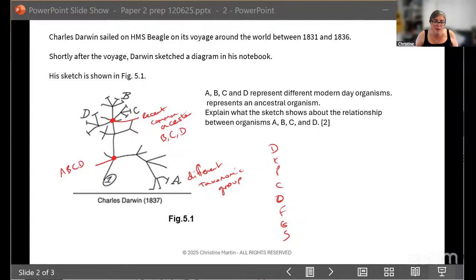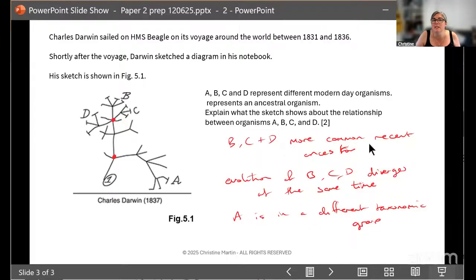So just be aware, module 4 and evolution can come in lots of different ways. If you get a question like this, they are looking for you to note that B, C, and D have a more recent common ancestor. The evolution of B, C, and D diverges at the same time because they came from that common ancestor here, and A is in a different taxonomic group.